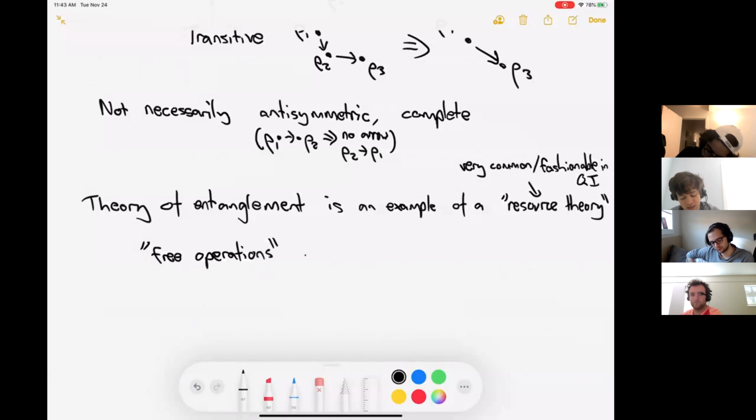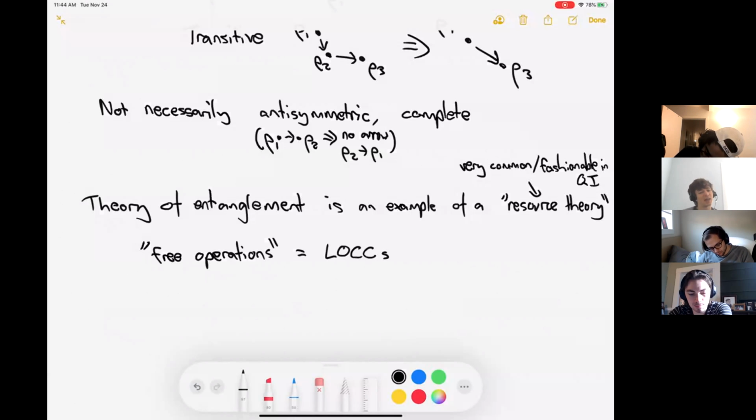In this case, within the resource theory describing entanglement, the free operations are local operations and classical communication. So we assume that those can be done easily. Alice and Bob have excellent labs that allow them to manipulate quantum states very, very precisely, and they also have good Wi-Fi signal, unlike me, and so can easily classically communicate.